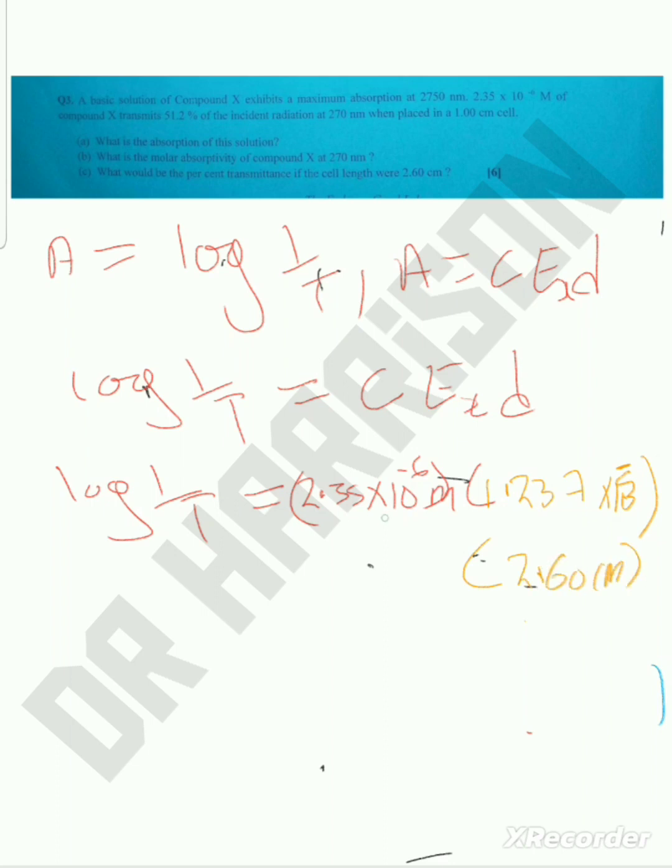So when we multiply this, those with calculators can try to multiply. When we multiply this, we are going to have 0.755898101. So this is what we're going to have.